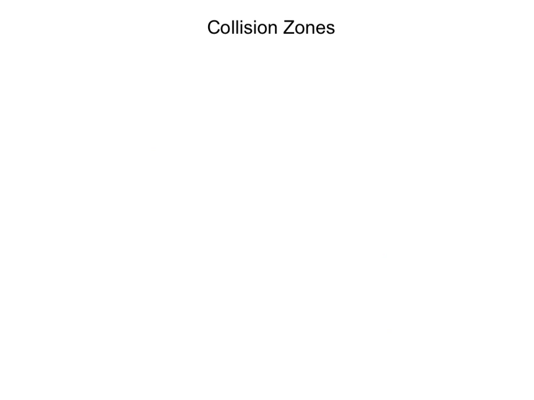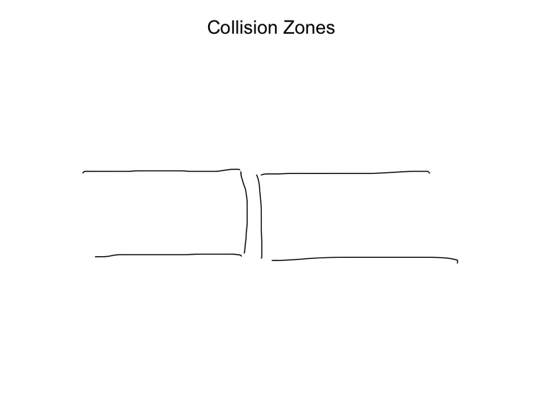Lastly, let's look at the processes operating at collision zone destructive plate margins. As we said before, collision zone destructive plate margins involve two continental lithospheres. And as they are both very buoyant, they cannot be subducted, so no subduction can occur.